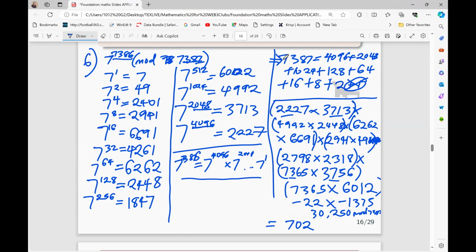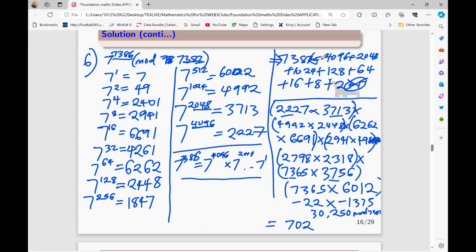He said to get this exponent 7386, he was going to add 4096, then add that, then add this. So he chose from among these the ones that had these powers.